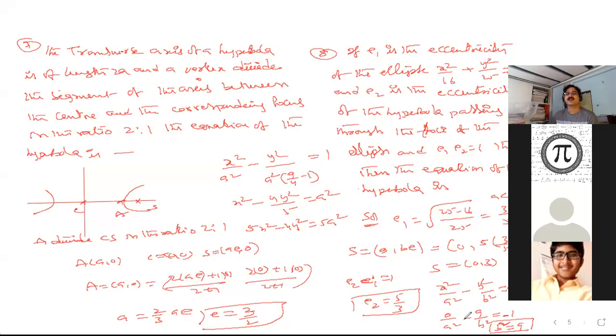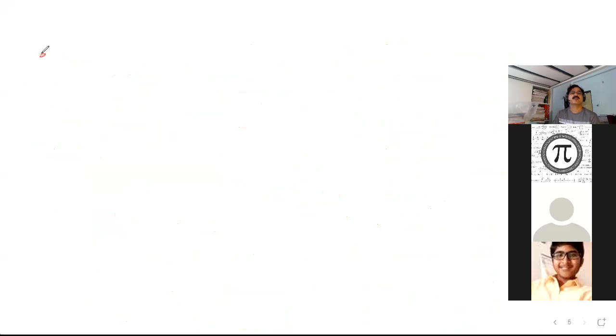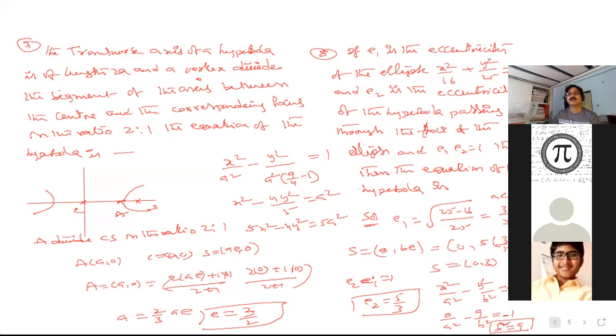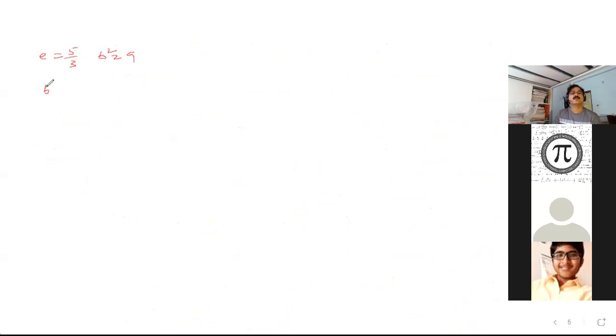Once we know b square, I'll turn the page, you see this, 1 minute. E is equal to how much? 5 by 3 is there, na? b square is 9. Check it out. Yeah, 5 by 3 and this. So here a square is equal to b square into e square minus 1, sir. So b square is 9, 25 by 9 minus 1.